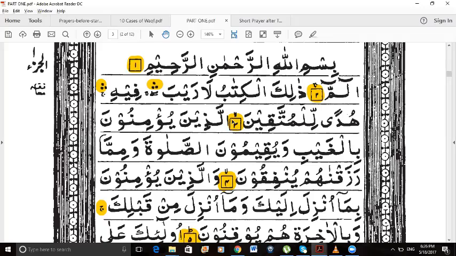Now over here as well, this is a stopping sign. This means that you should stop over here, take a pause, take a rest. Now previous to this, you have the last letter as noon. Now this noon has a fatha on top of it. And what did we say in the presentation? What does this fatha turn into when we want to stop? We said it turns into a sukoon, yes?